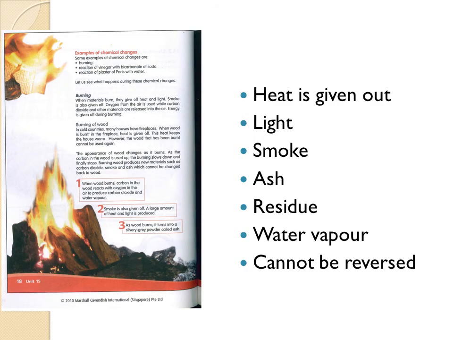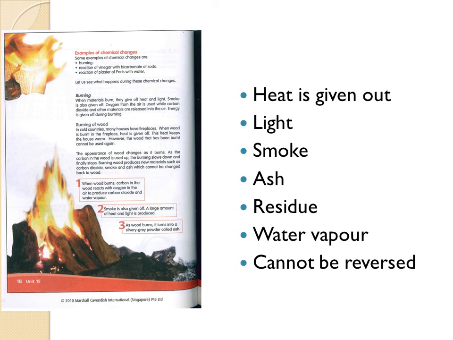In chemical changes, a few things happen. Sometimes heat is given out. Here is the example of wood being burnt. Wood is solid, but when you burn it, a lot of heat is given out, fire is produced, you can see the light, you can see the smoke, sometimes ash, water vapor, so many things are given out.